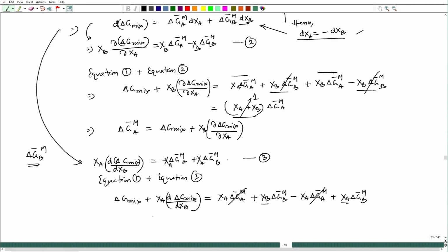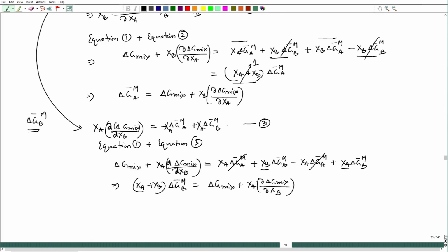Then we can write x A plus x B times delta G bar M B equal to delta G mix plus x A dx B. You see this is equal to 1.